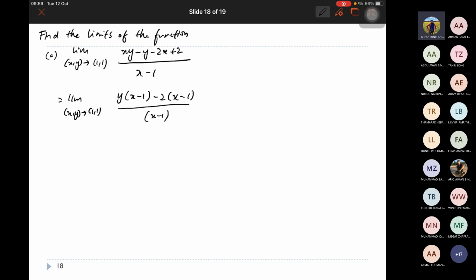So kita boleh faktorkan x minus 1. Kita tak nak jawapan dia undefined atau sama dengan kosong. If you do the factorization, you are going to have limit of x, y approaches 1, y minus 2, sama dengan negatif 1. 1 tolak 2, negatif 1. Itu jawapan dia.